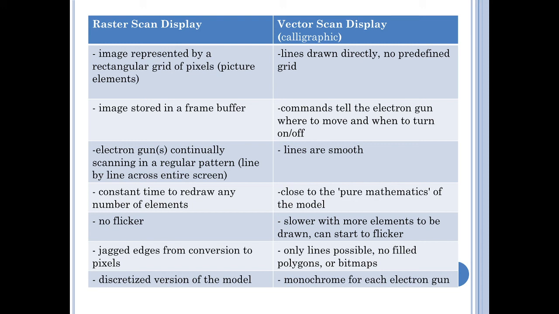Raster has jagged edges from conversion to pixels. Only lines are possible, no filled polygons or bitmaps are used in vector scan display. Raster scan display is a discretized version of the model, but vector scan display is monochrome for each electron gun. Discussion in depth about raster scan and vector scan display we will have in the next video.